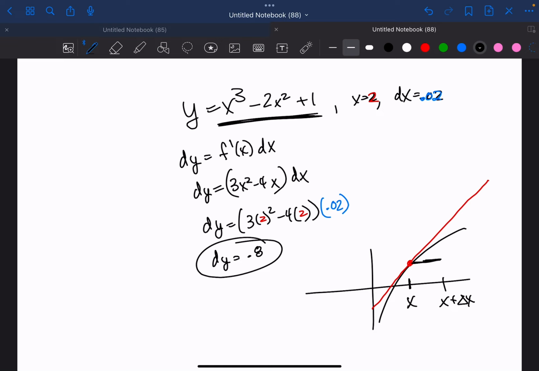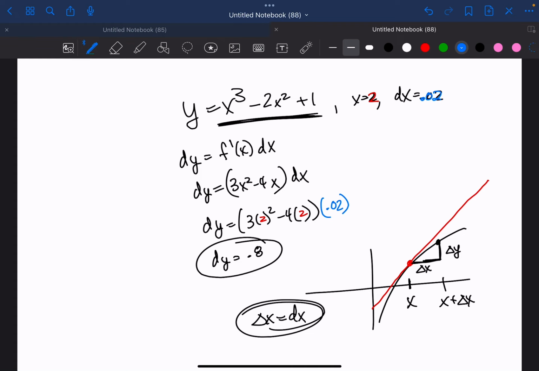Remember that this right here, this height is delta y. That's how y is changing over the interval, and this is how x is changing over the interval. Don't forget, delta x is exactly the same as dx, yes? But delta y is over your interval.